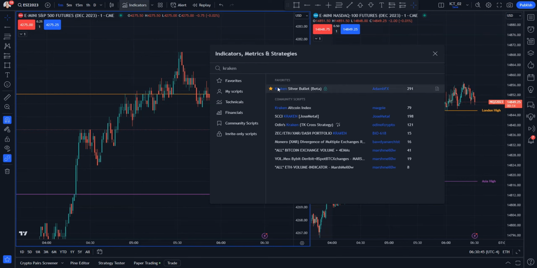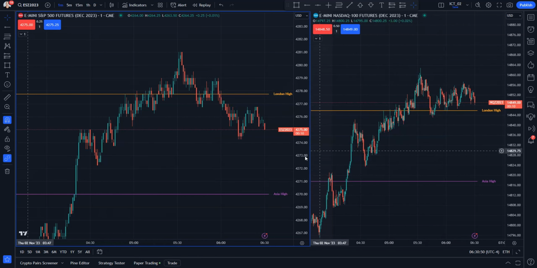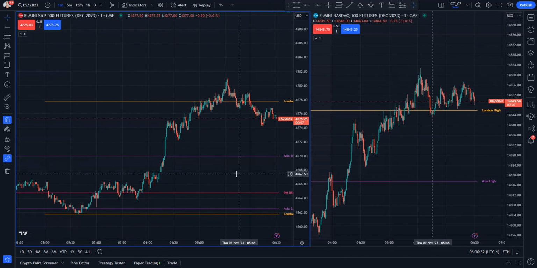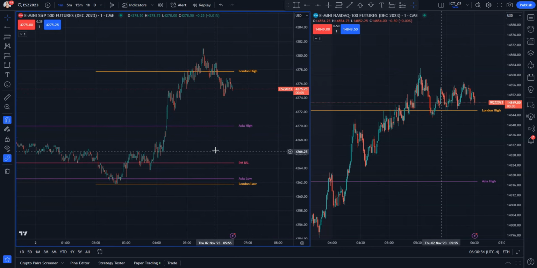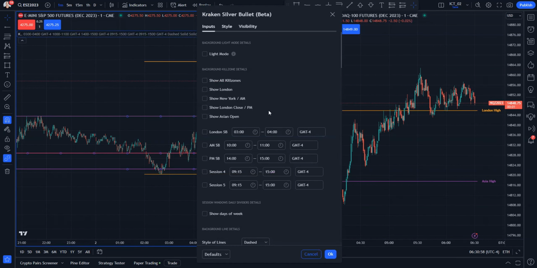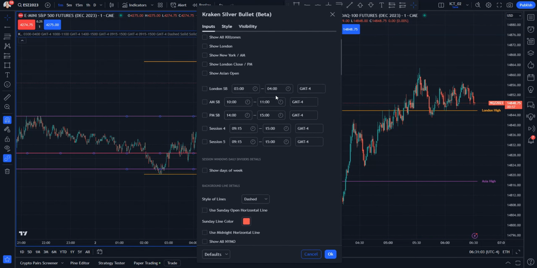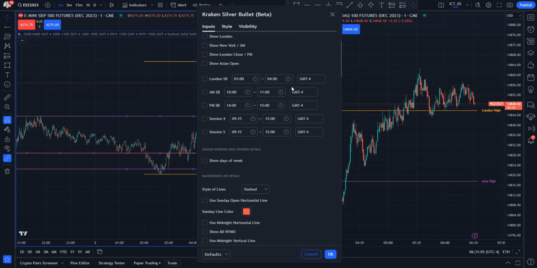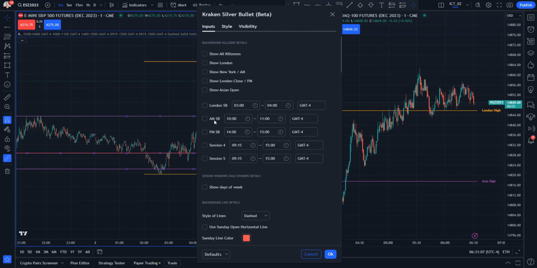So yes, definitely check out this indicator. It helps a lot to see levels. And one last thing, go to this indicator, go to the settings. I'll show you guys what my settings are. So these are zones that are grayed out.